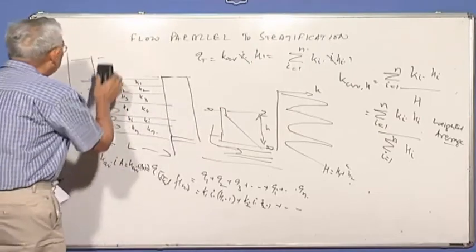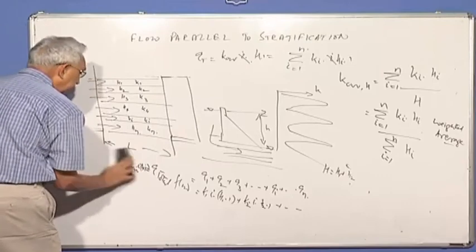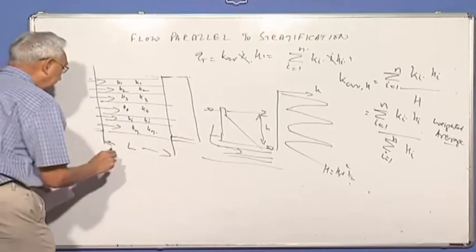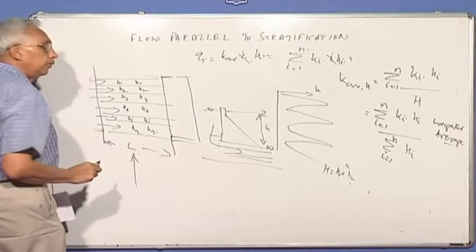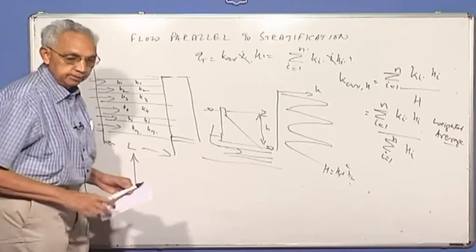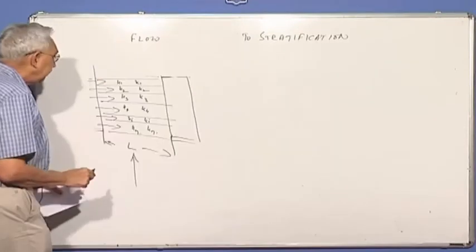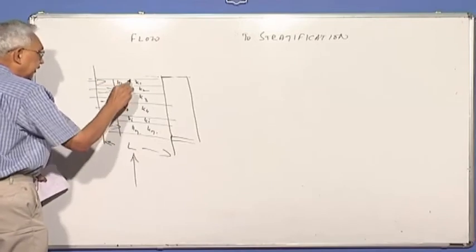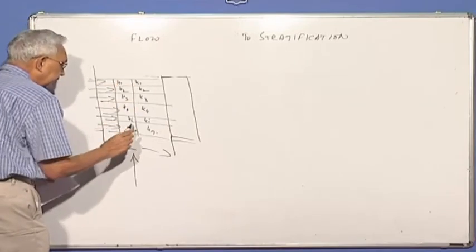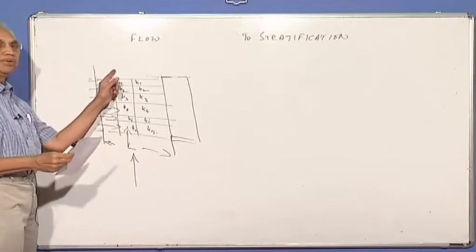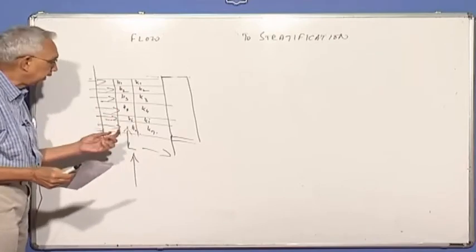What happens now if the flow is perpendicular? Now we are saying the flow is perpendicular to the stratification. In this case, if I take a small section, you can see that the Q will be the same in all the flow channels or paths.